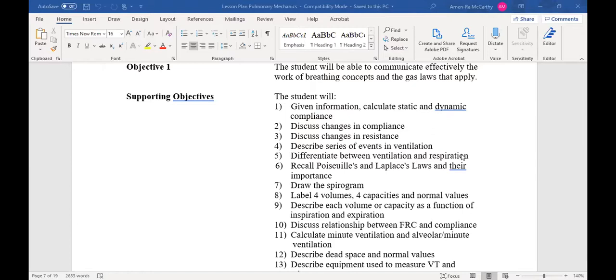Now, gas exchange between the lungs and outside is called what type of respiration? External. Gas exchange between the lungs and outside is external respiration. And gas exchange at the tissue level is called internal respiration. A lot of people miss that on the test.